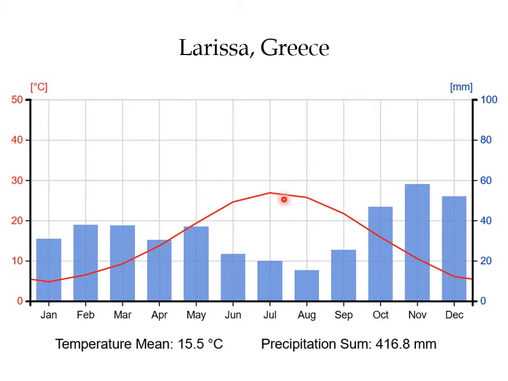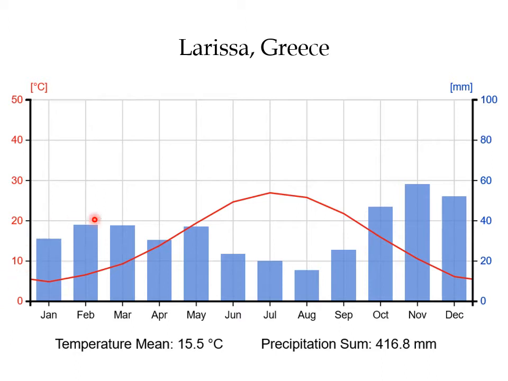So the difference between summer and winter is much greater than in the oceanic one. Here we can see 25, here we can see 5, so a temperature range of 20. 20 degrees as a temperature range is quite high. So they vary a great amount of degrees between the seasons.